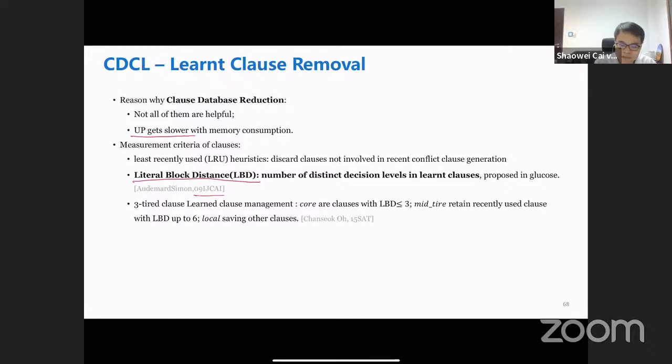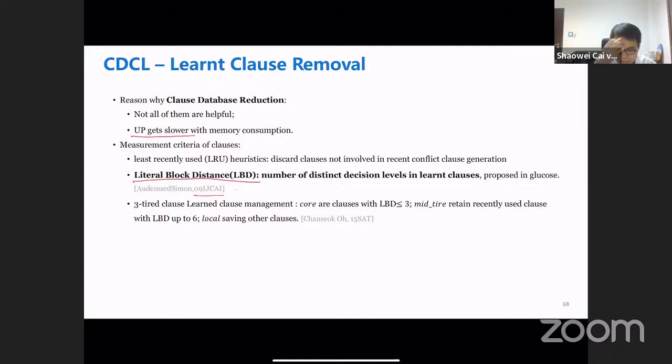LBD counts the number of different decision levels in a learned clause, and the quality of a clause is measured by LBD. Generally, a small LBD implies that the quality of the learned clause is better, and the clause should be useful in the near future.